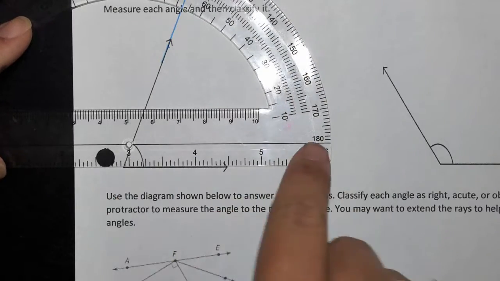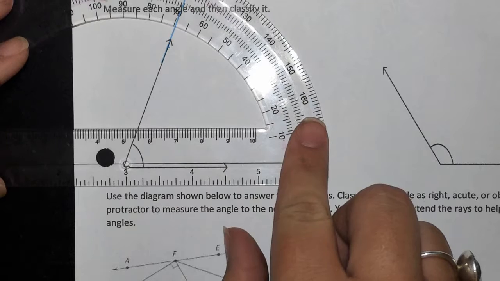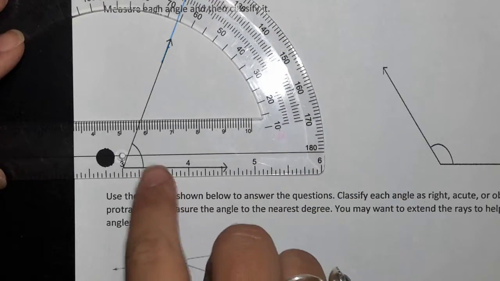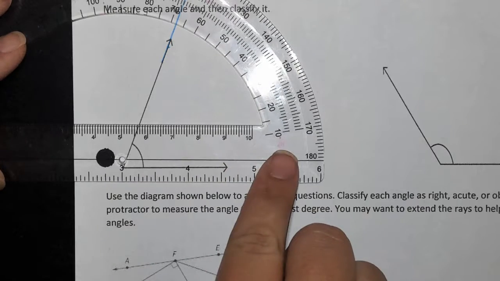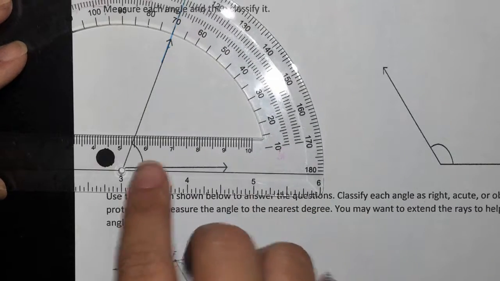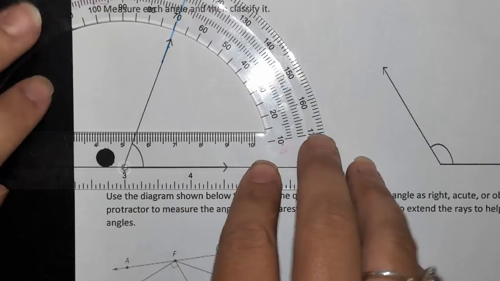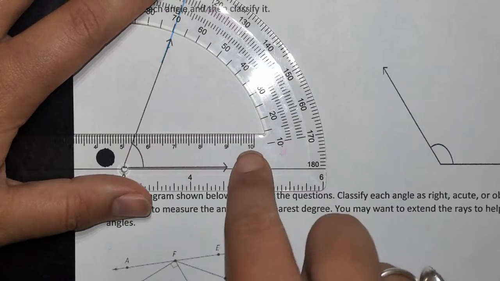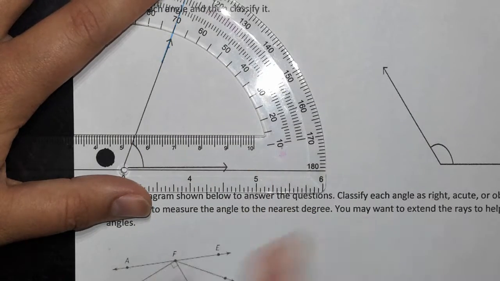You see this black line on yours? The black line right here on your protractor needs to line up with the bottom ray. Y'all follow me? Okay, now before we even look at how many degrees this is, what kind of angle is this? It's acute.